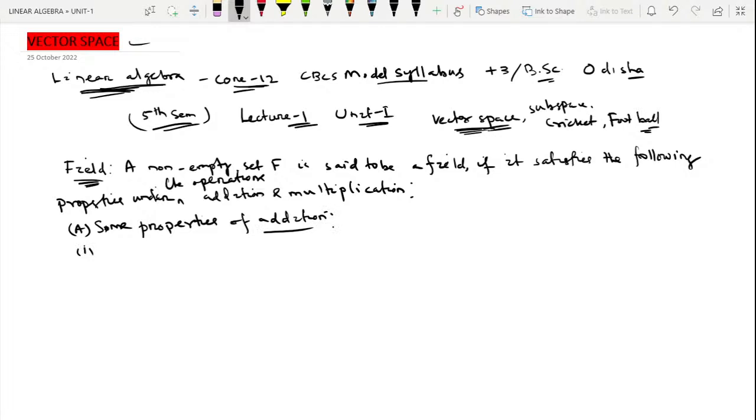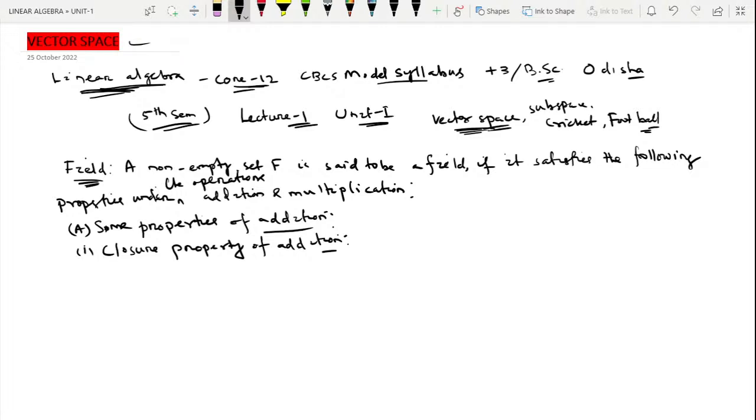My first property will be the closure property of addition. What do we mean by the closure property of addition?